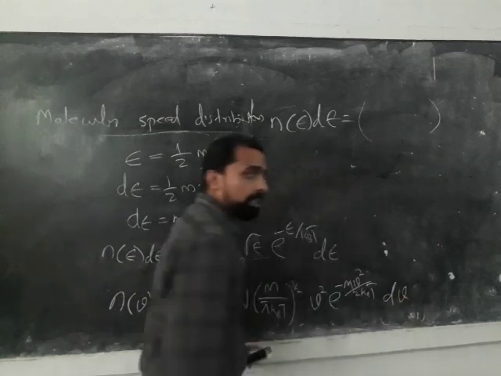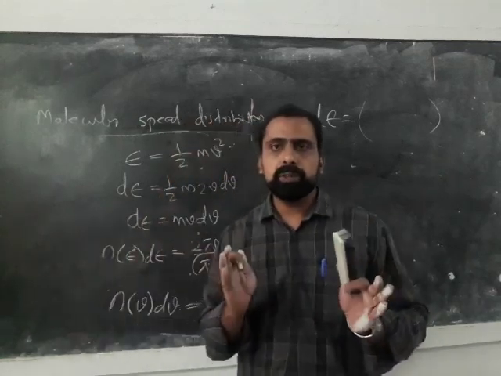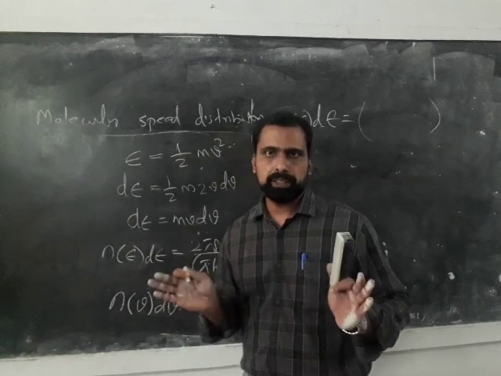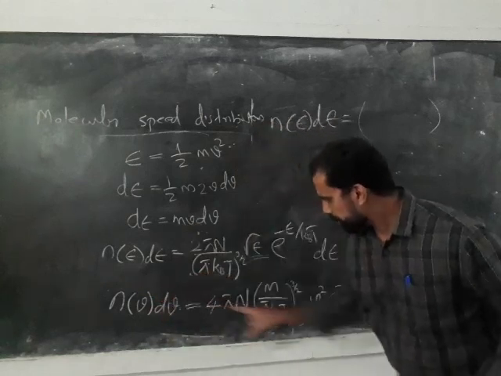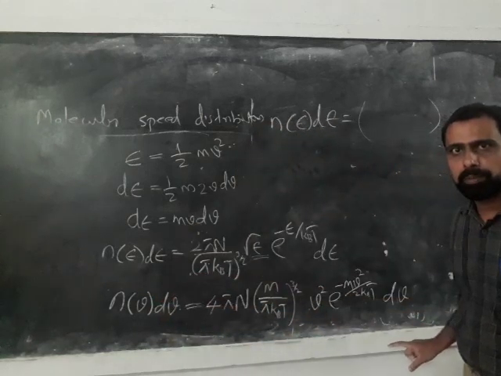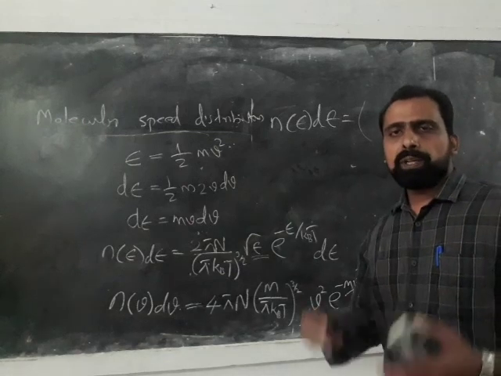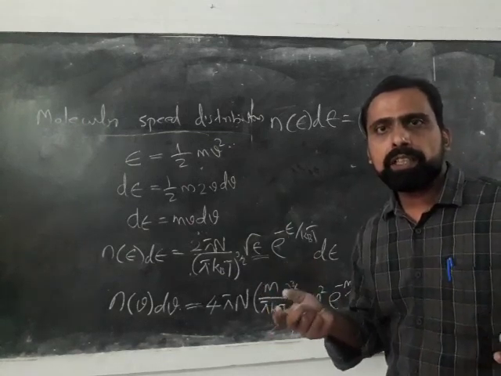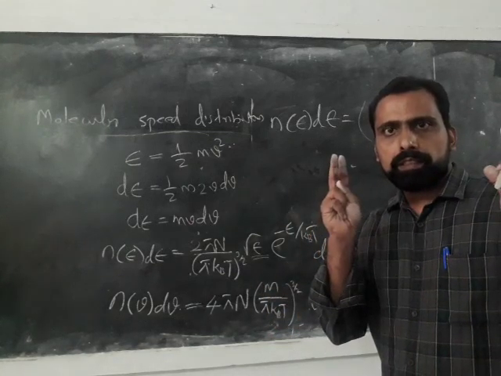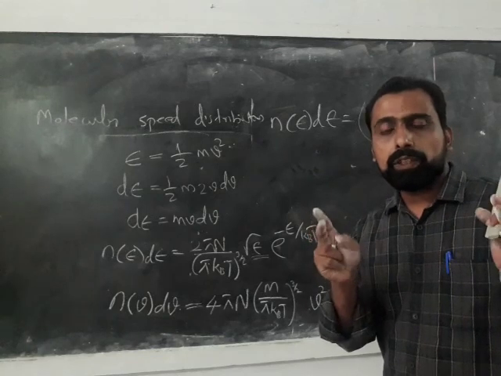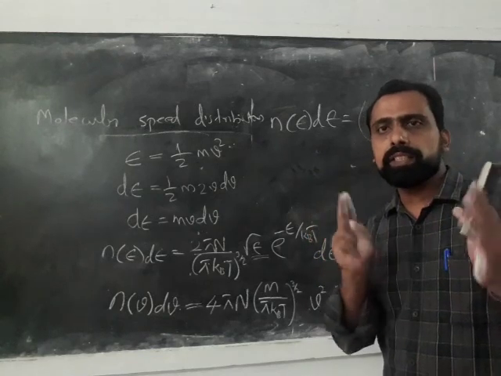So this is the distribution of molecular speed. Okay, so this is the expression, you can check it properly. Then from this one you can find out the distribution of speed or the molecular speed distribution.